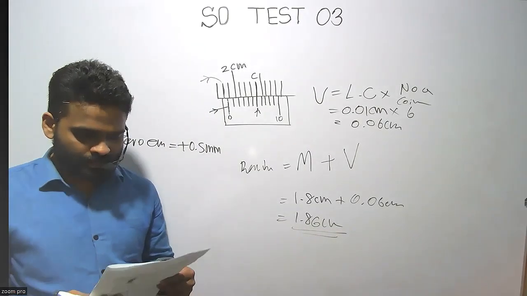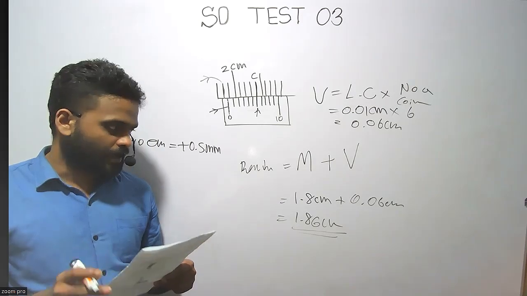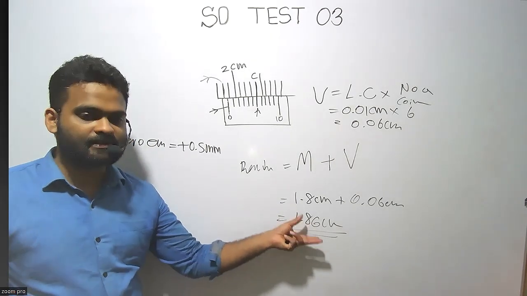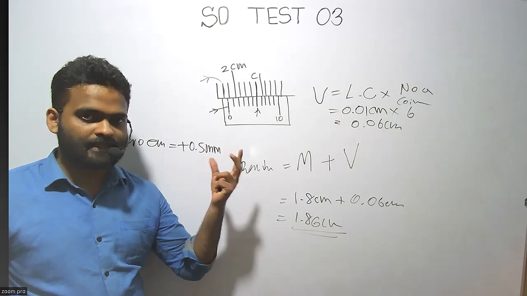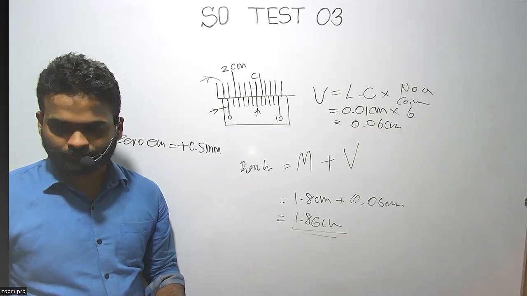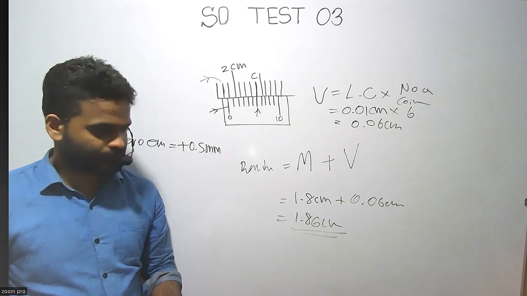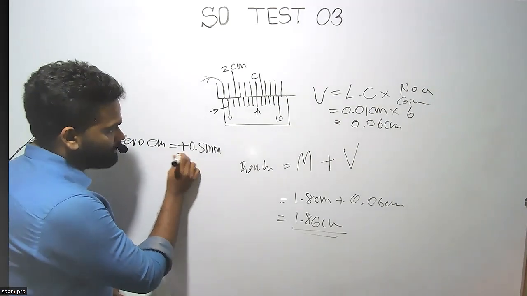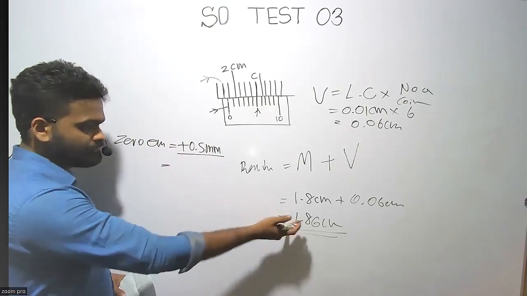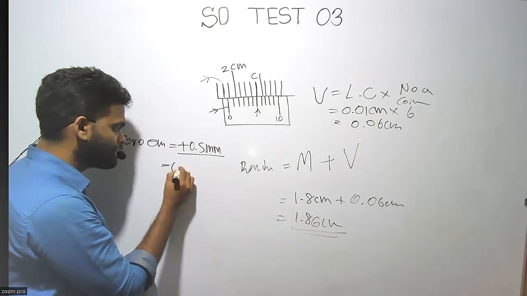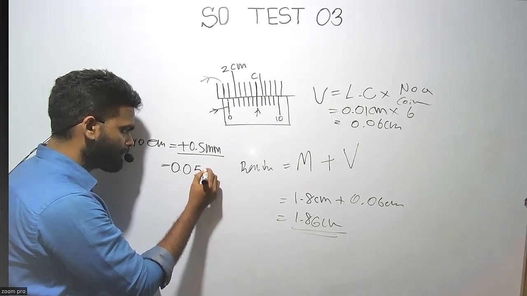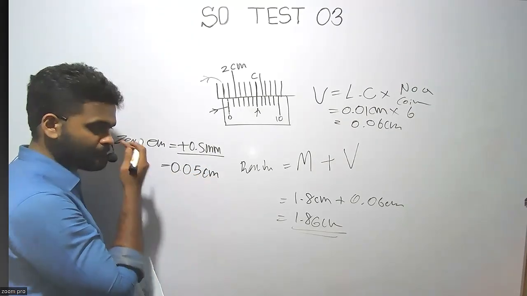Got it? So this is not the answer. This is just the reading. We didn't do the correction, right? So what's the correction? There's a zero error of 0.5 millimeters. I'll convert that into centimeters because everything is in centimeters, so just divide by 10. 0.05 centimeters.